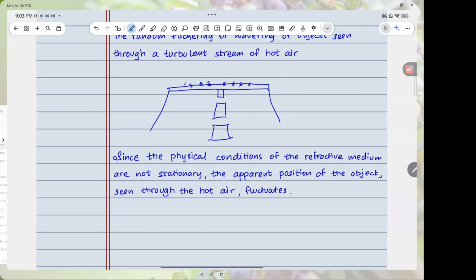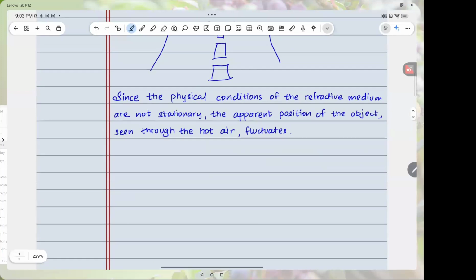Okay. So this is an example of atmospheric refraction. This is one of the examples of atmospheric refraction.